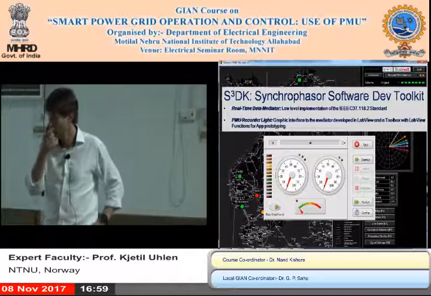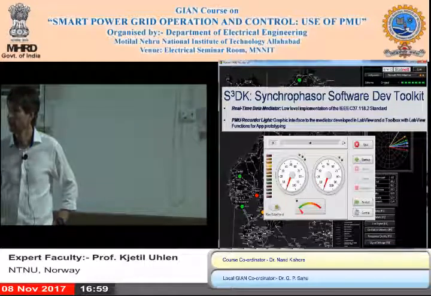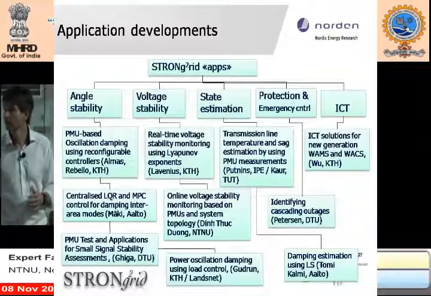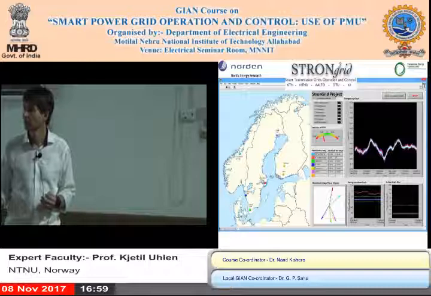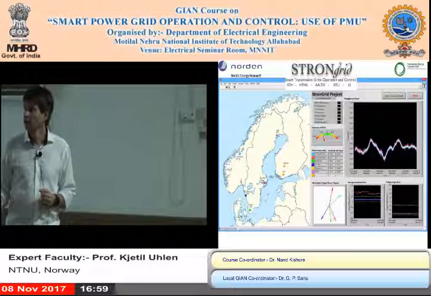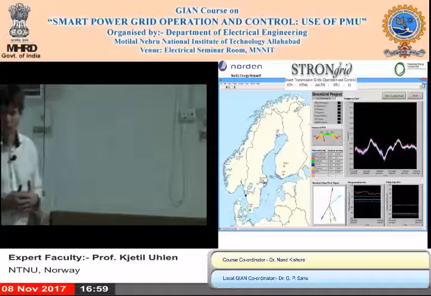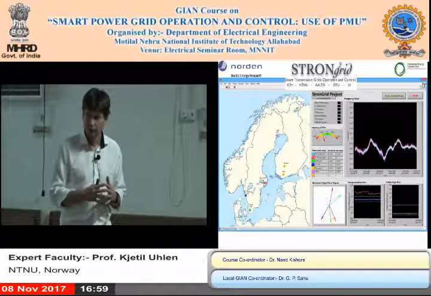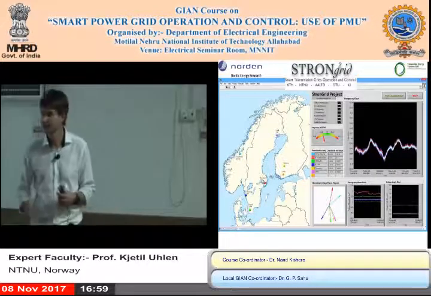So from the project, we looked into various, let's say, problem areas: angle stability, voltage stability, state estimation, protection, ICT, a little bit on ICT, one PhD. And we often talk about TRL levels, technology readiness levels.